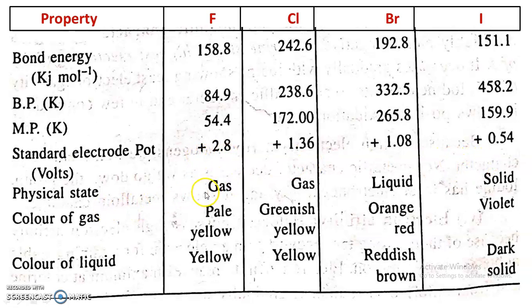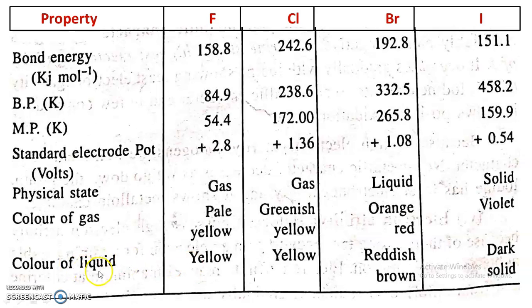Then physical state, as I said, fluorine and chlorine are gases, bromine is liquid, iodine is solid. And color of gas, I already told you: fluorine is a pale yellow gas, chlorine is greenish yellow, bromine is a liquid which is orange red colored, and iodine has a violet color.